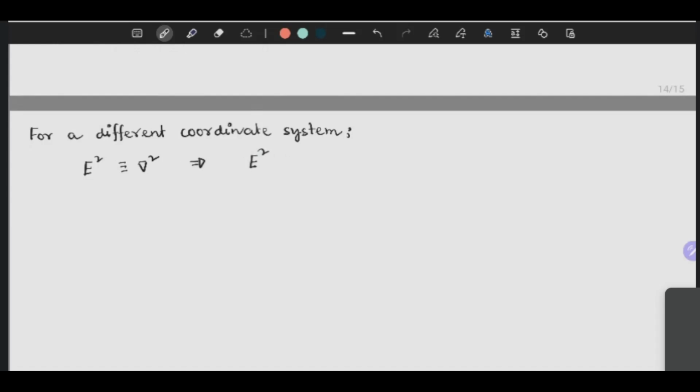This is an operator, okay? This is not any energy or something like this. This will be 0.